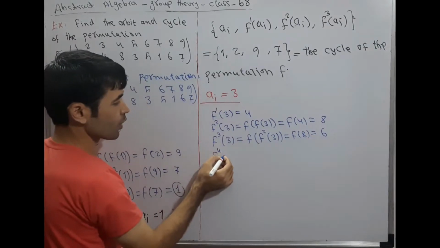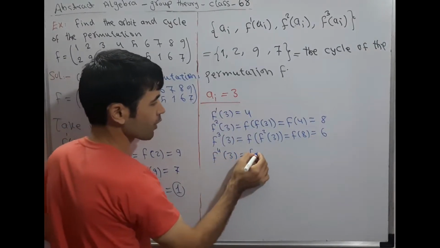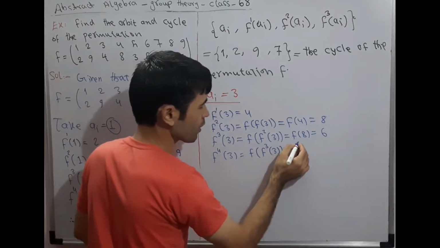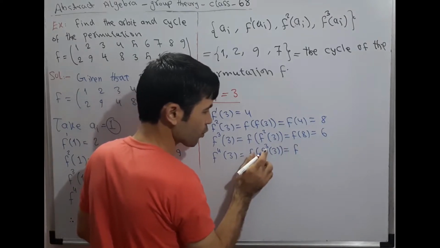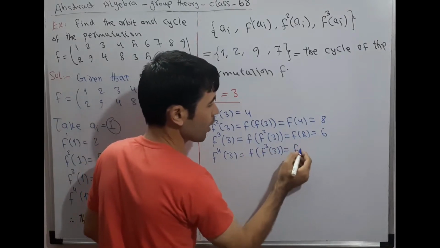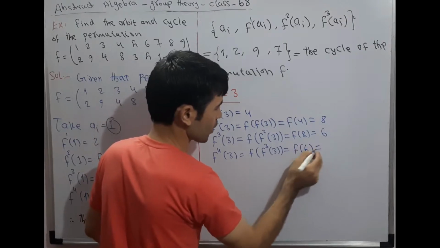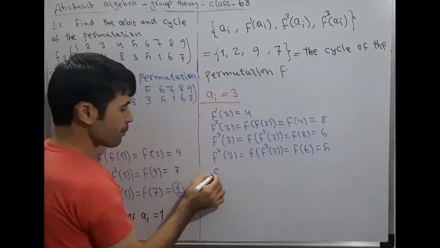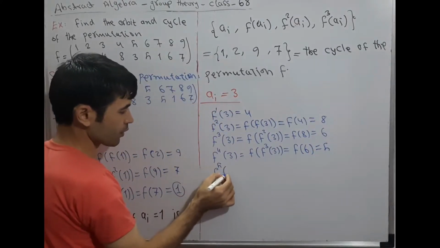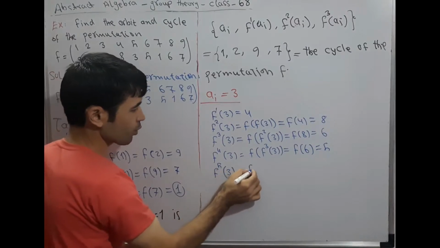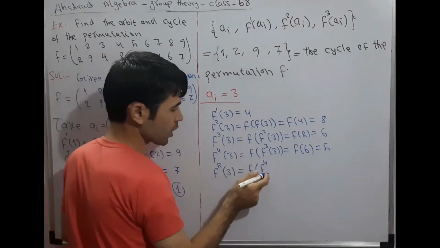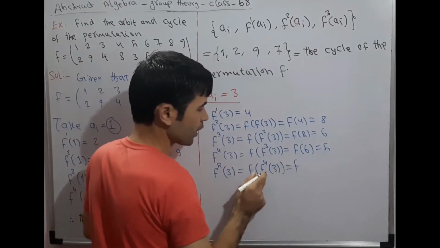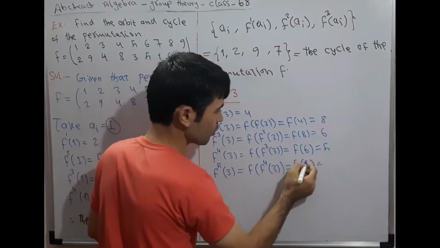f to the power 4 of 3 is equal to f of f cubed of 3, we put 6, f of 6, we have 5. f to the power 5 of 3 is equal to f of f to the power 4 of 3, which is f of 5.